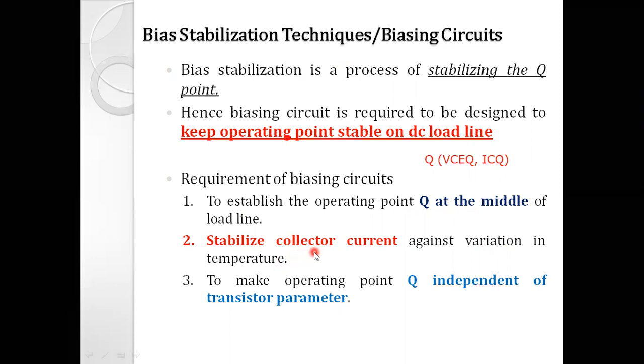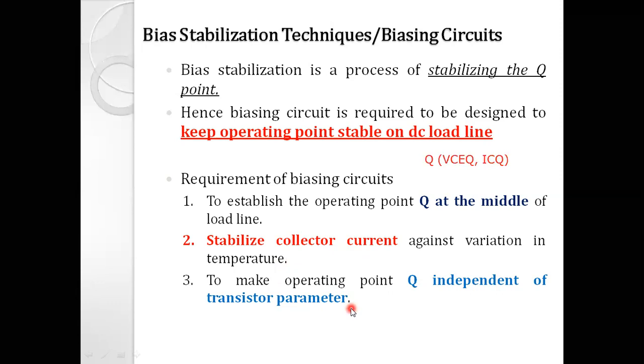Why? Because if the collector current gets changed, then you can see that operating point also gets changed, right? That means location of the operating point gets shifted from one point to another point. So we have to also make sure that collector current also remains constant even though if there is change in the temperature parameter. Then the third requirement of the biasing circuit is to make the operating point Q independent of the transistor parameter, right?